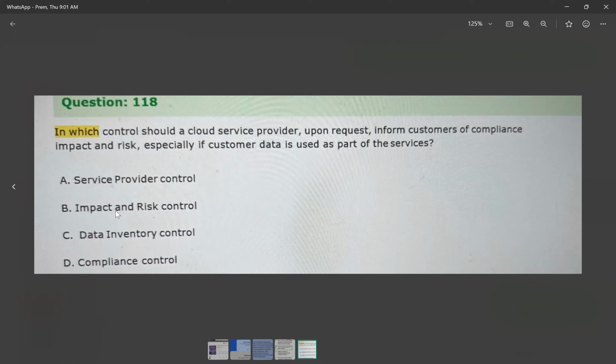Controls are classified. I don't know if we mentioned this before or not. I think we mentioned it in the ISO course. We have 4 types of controls, or maybe 3 types of controls. What are they?